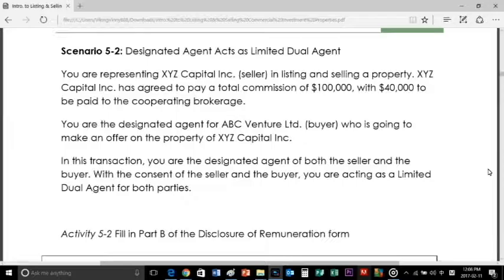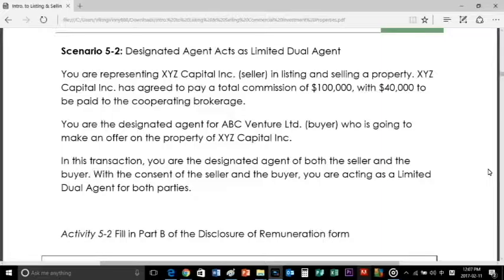You are the designated agent for ABC Venture Limited, buyer, who is going to make an offer on the property of XYZ Capital Inc. In this transaction, you are the designated agent of both the seller and the buyer. With the consent of the seller and the buyer, you are acting as a limited dual agent for both parties.